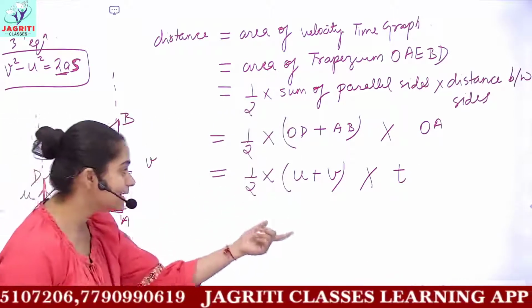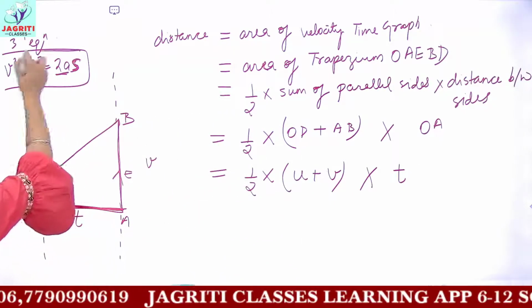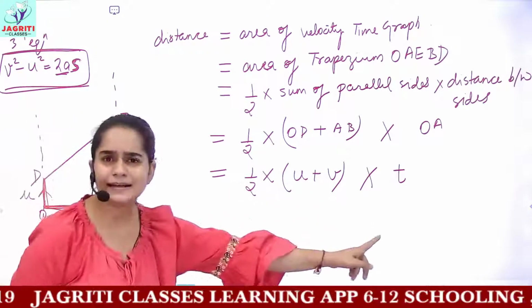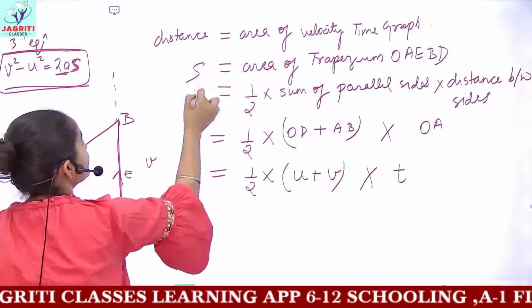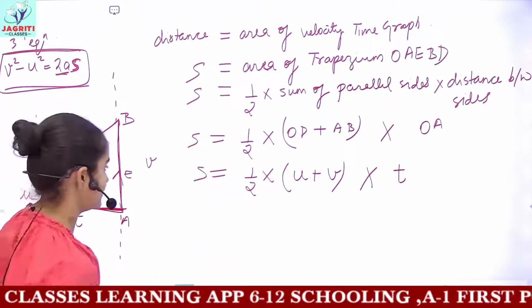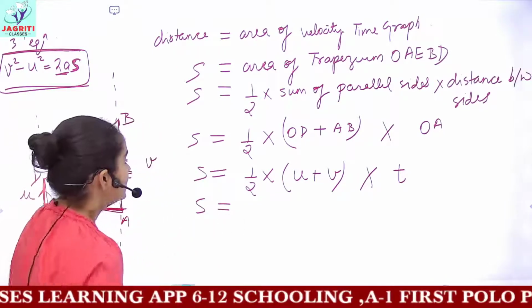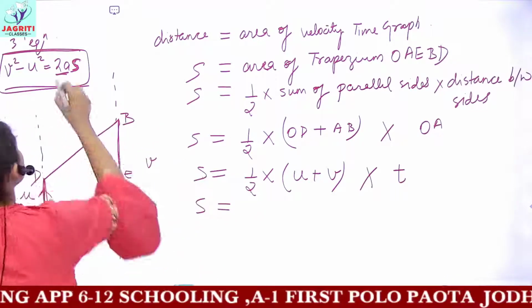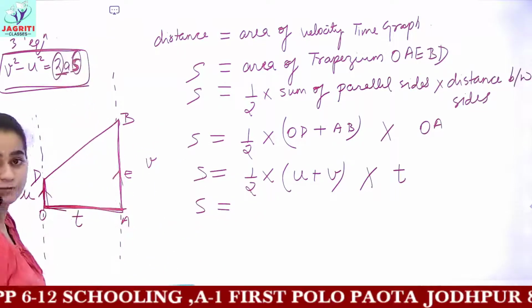Now we want V square minus U square equals 2AS, but I'm not getting anything like this here. And this distance is equal to S. So let's try to do this. First, I'll shift this factor 2 with S, because you have 2S in your final equation.